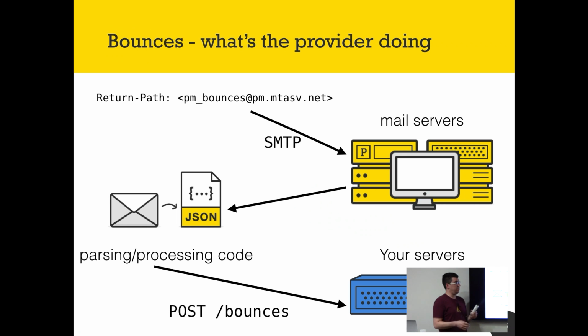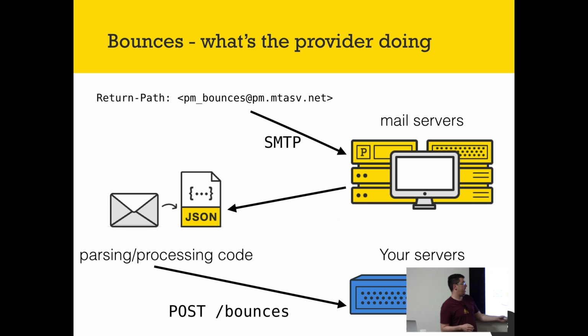So when we handle bounces for you, what are we doing? When an email gets sent out, there's a header called the return path. Say you send an email to foo@gmail.com, and foo doesn't exist. Gmail is going to look at that email and say, oh, foo doesn't exist, I've got to let someone know about it. So they look at the return path and send an email to that address, and that email is the bounce.